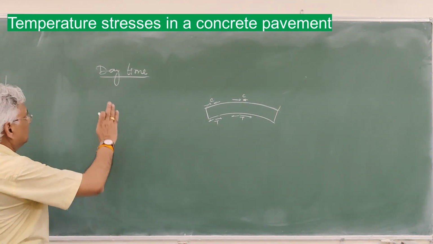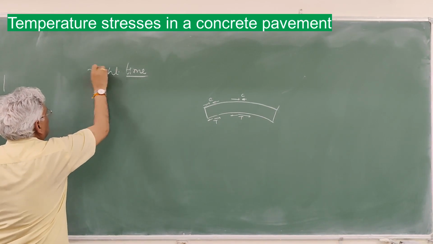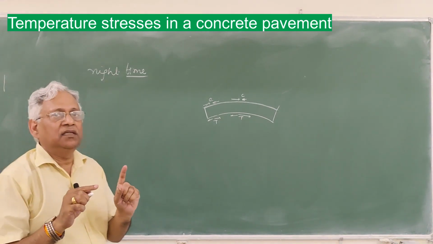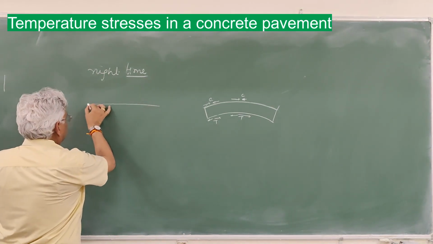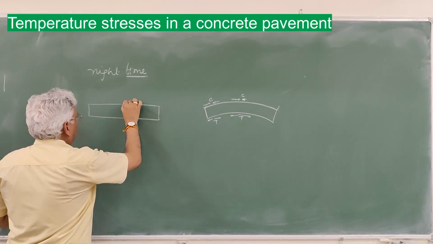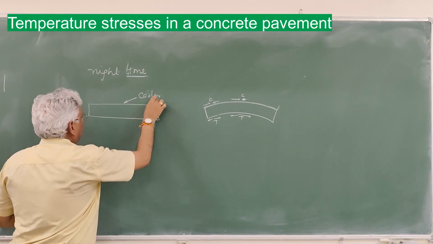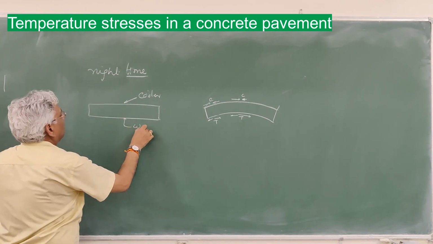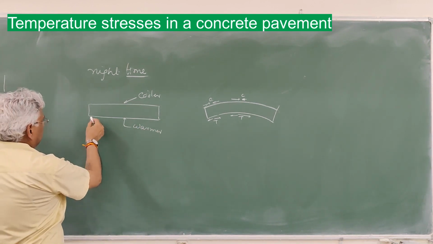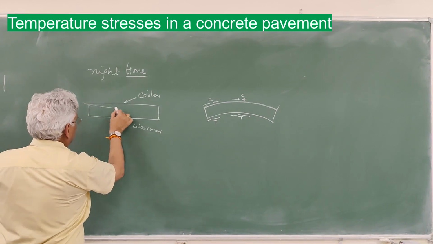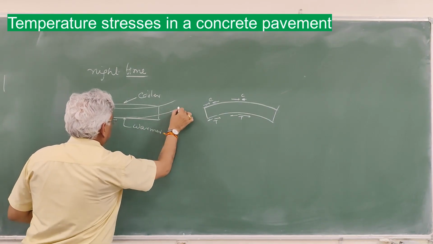Now during night time, the situation is completely reverse. During night time, the top surface of the slab is cooler and the bottom surface is warmer. And therefore, this slab will curl upward in X and Y directions.